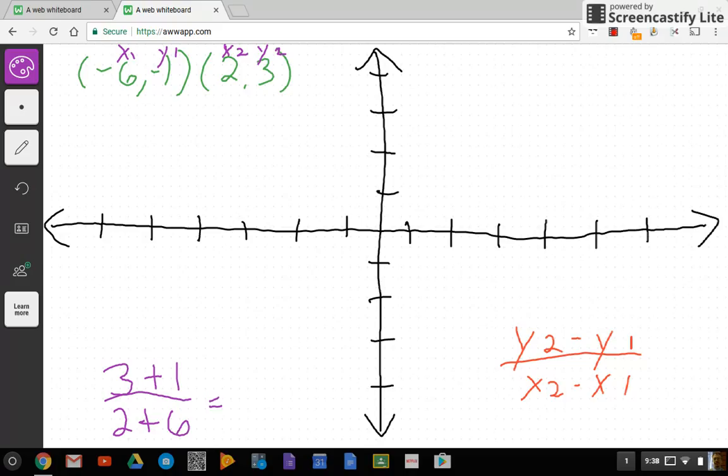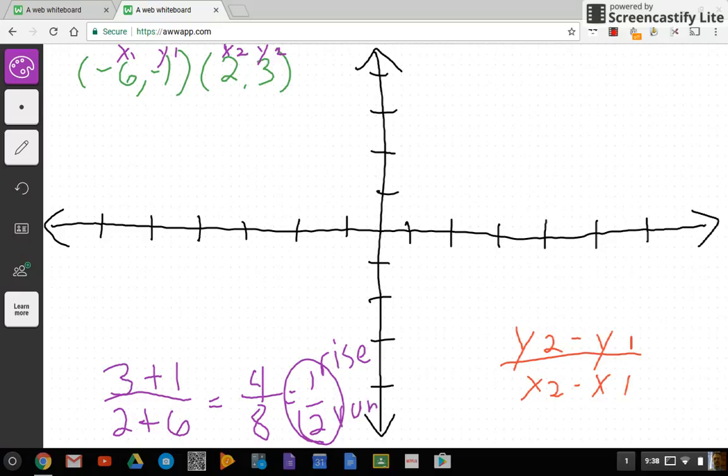So this would be 4 over 8, which is also equal to 1/2. So my slope is going to be 1/2. Of course, this is rise over run.